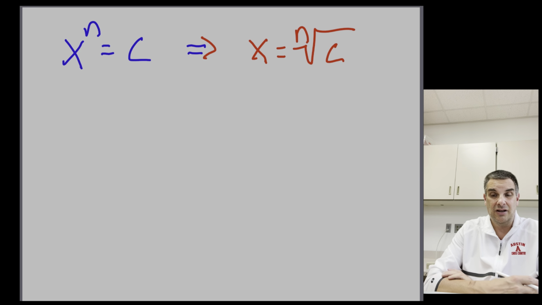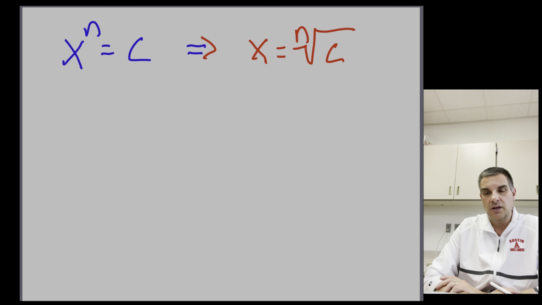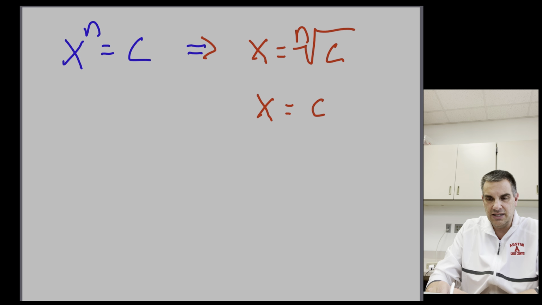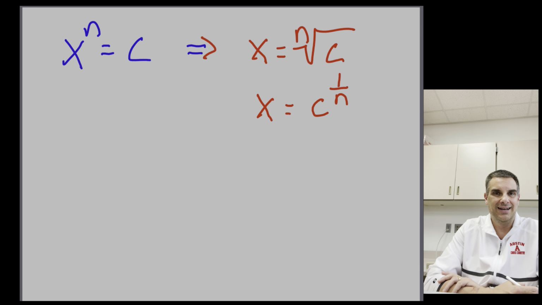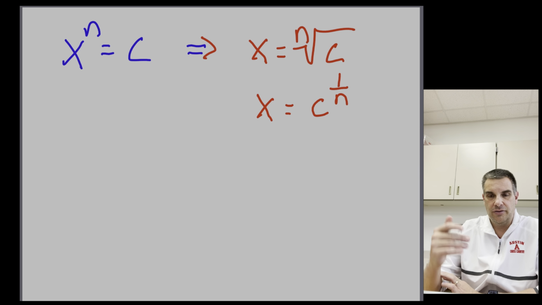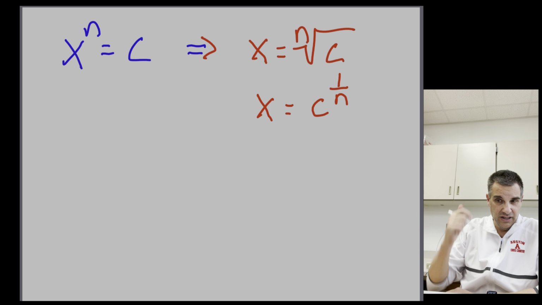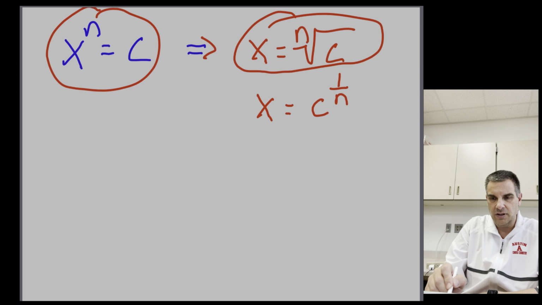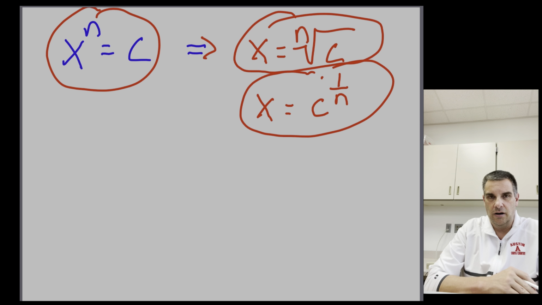But there's another way to write this as well. This could also be denoted that x is equal to c to the 1 over n. Okay, all three of these things are equivalent to each other.